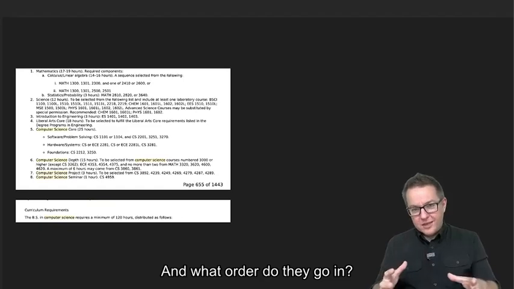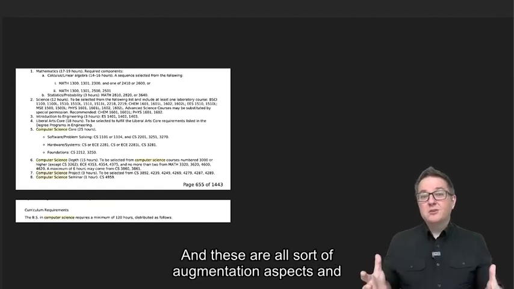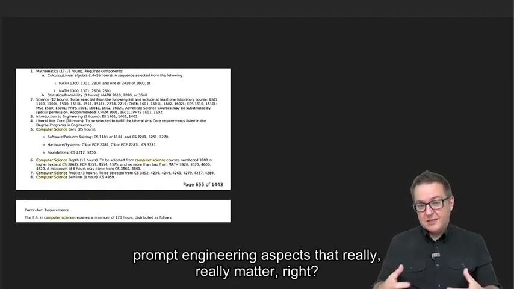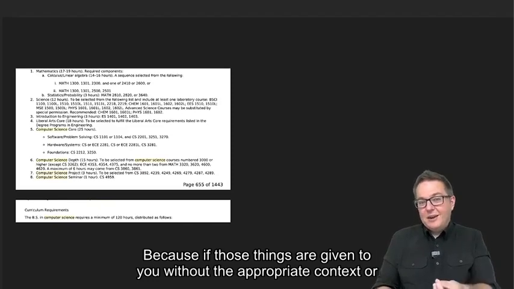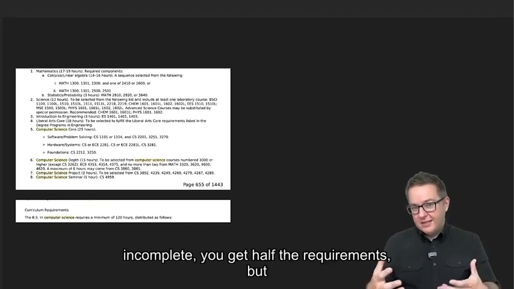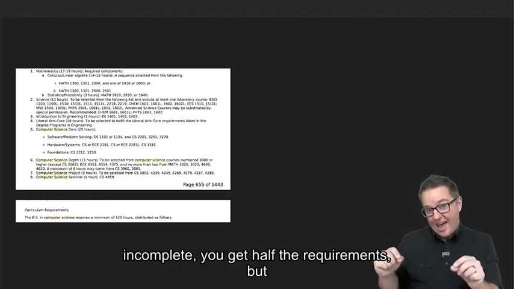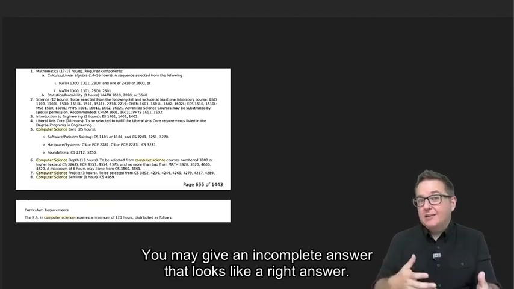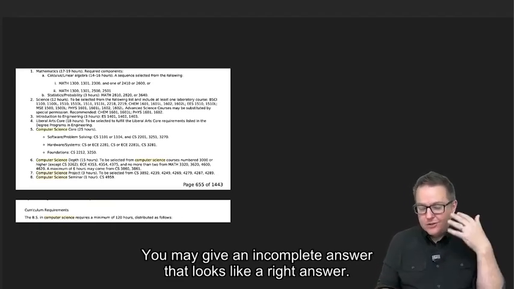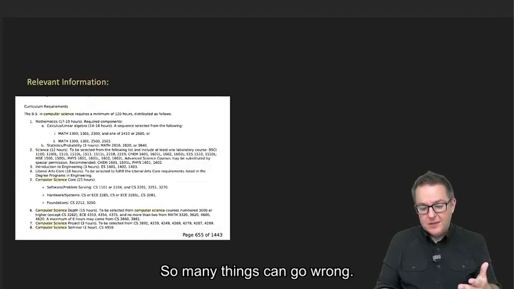And what order do they go in? These are all augmentation aspects and prompt engineering aspects that really matter. Because if those things are given to you without the appropriate context, or incomplete, you get half the requirements, but you feel forced to answer the question. You may give an incomplete answer that looks like a right answer. So many things can go wrong.